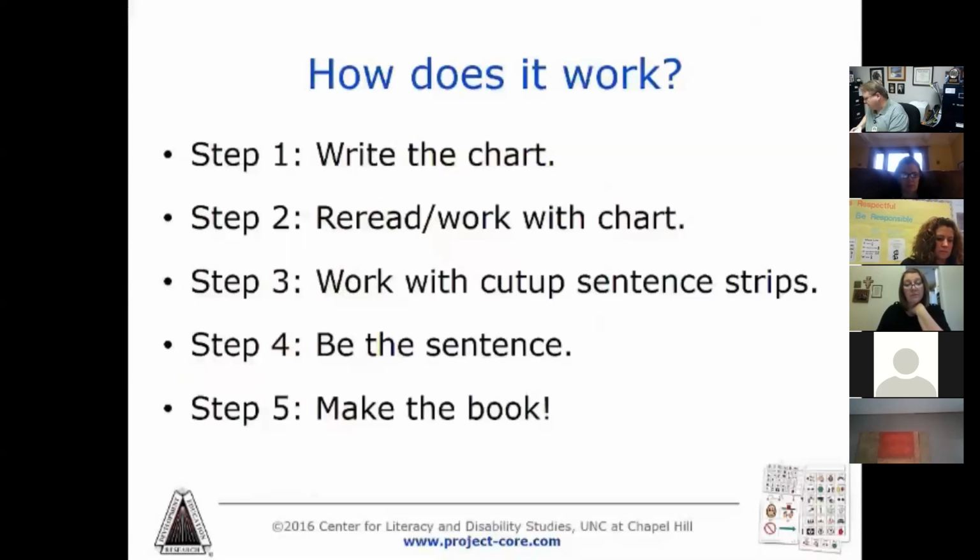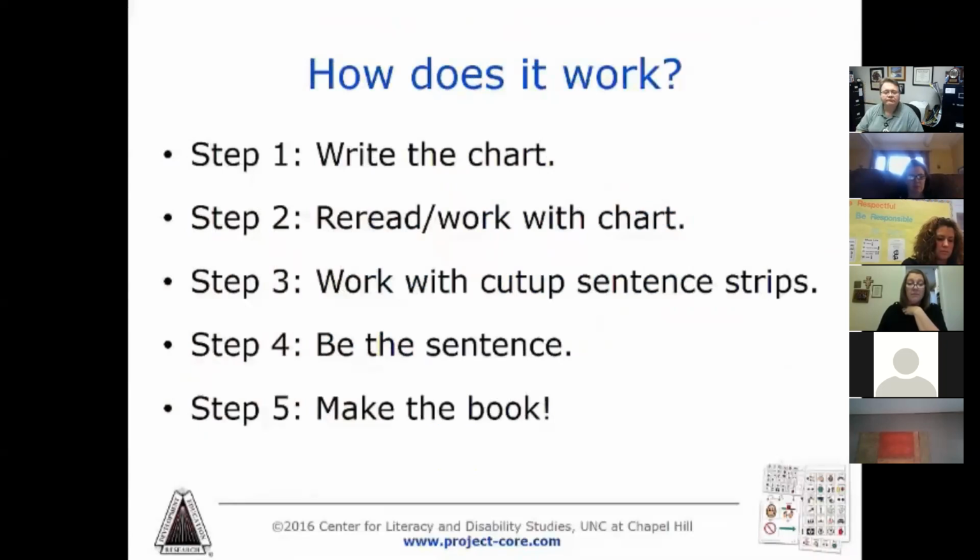Students read and reread their own sentence and then cut the sentence into individual words. They finish step 3 by reassembling the words into the complete sentence. In step 4, students collaborate to assemble sentences from the chart during a game called Be the Sentence. Finally, in step 5, the class creates a book using the sentences from the chart.